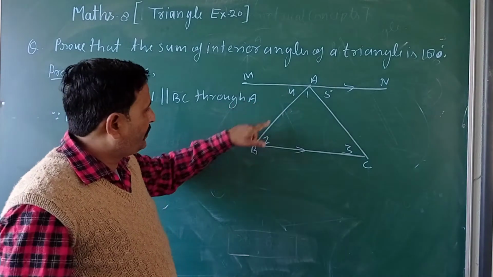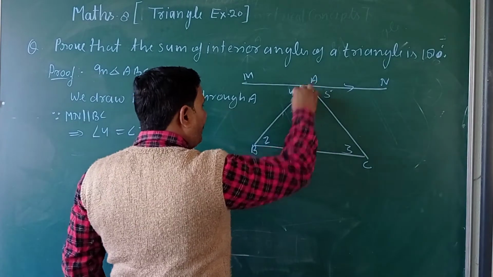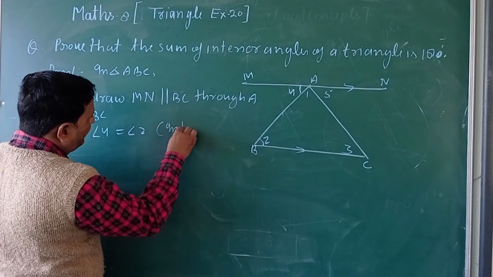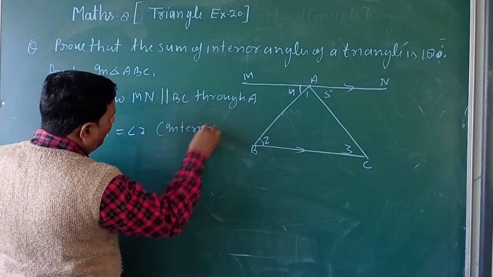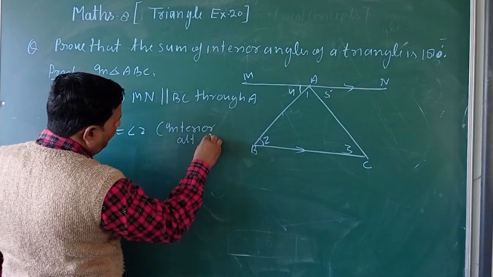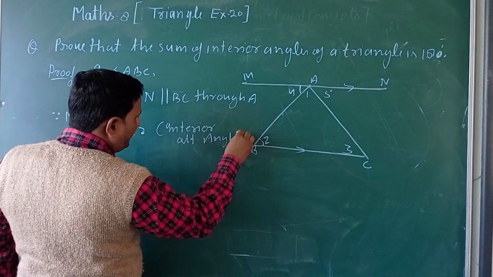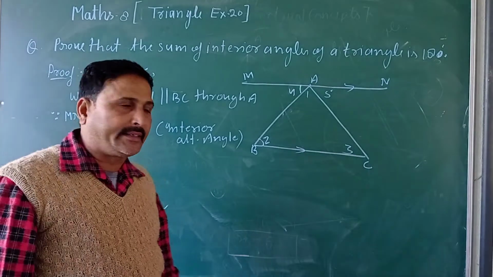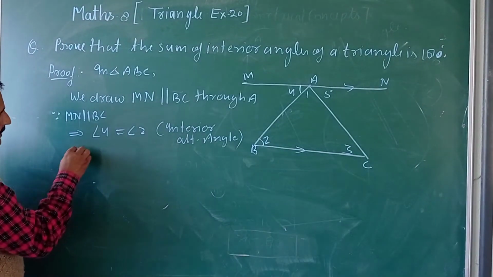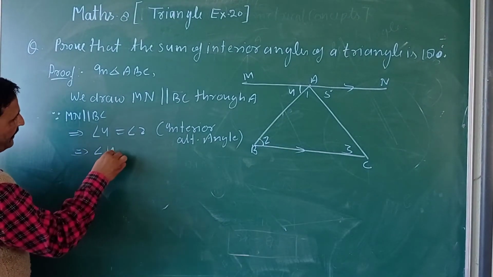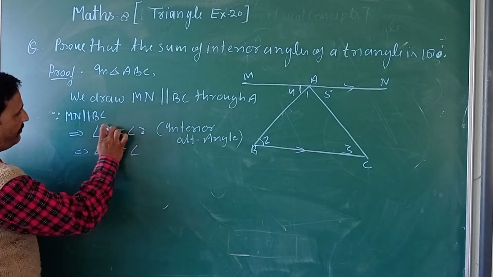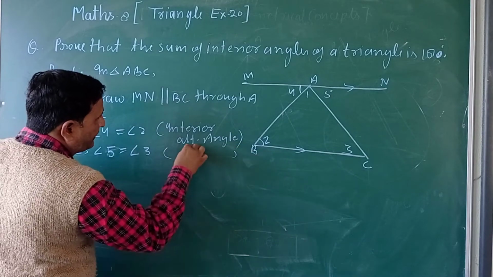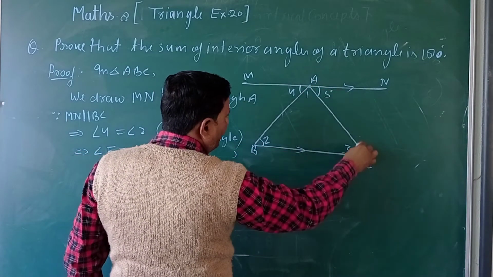This angle equals this angle, the reason is interior alternate angles. You have already studied in 7th class in the parallel lines chapter, interior alternate angles. Similarly, angle 5 will also be equal to angle 3. Same reason, interior alternate angles.